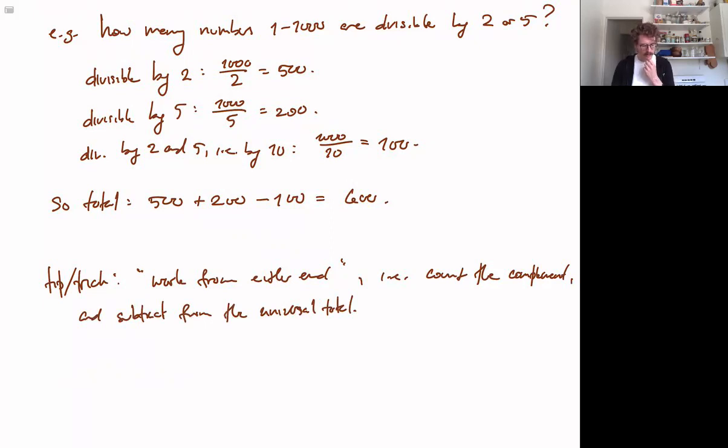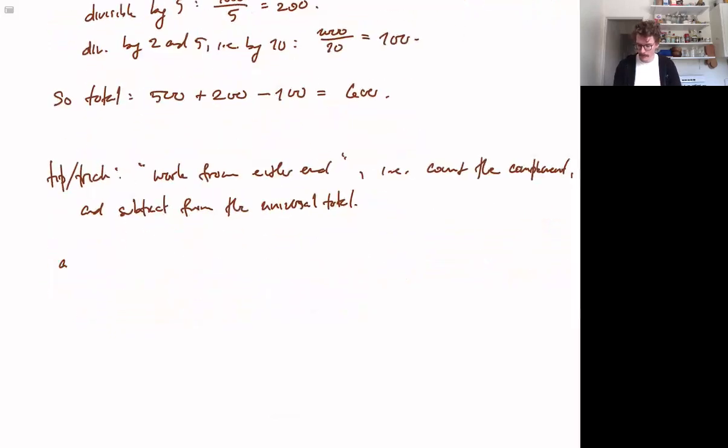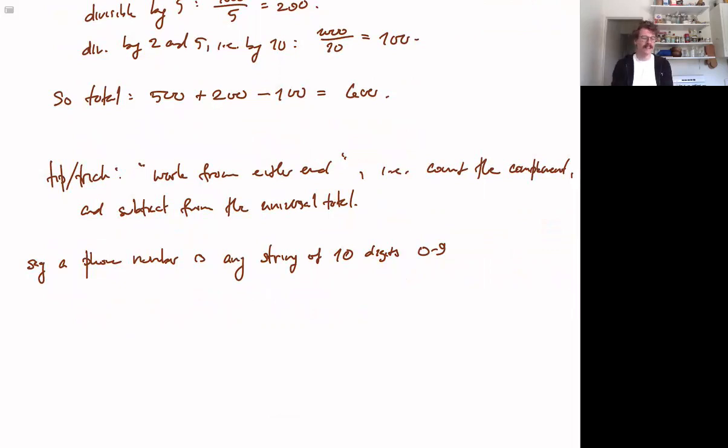So here's another example. So say a phone number is any string of 10 digits, by which I mean I'm not worrying about the many exceptions, like it can't start with 911 and keep going.